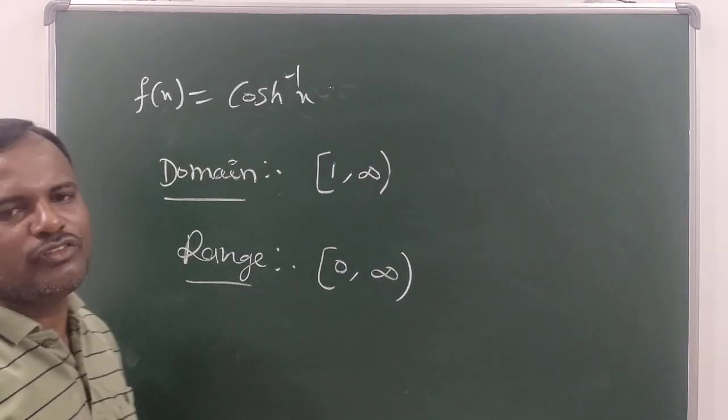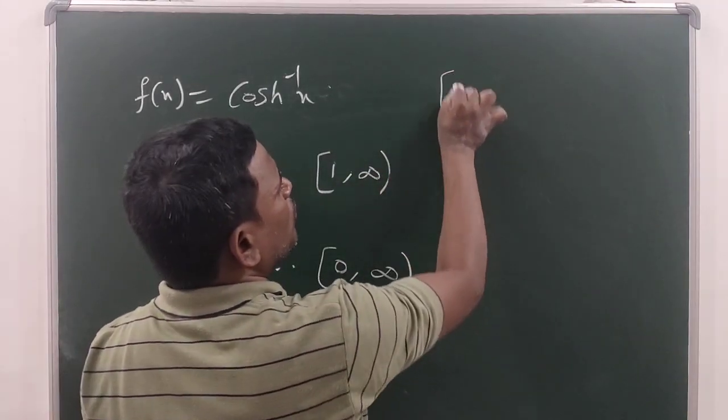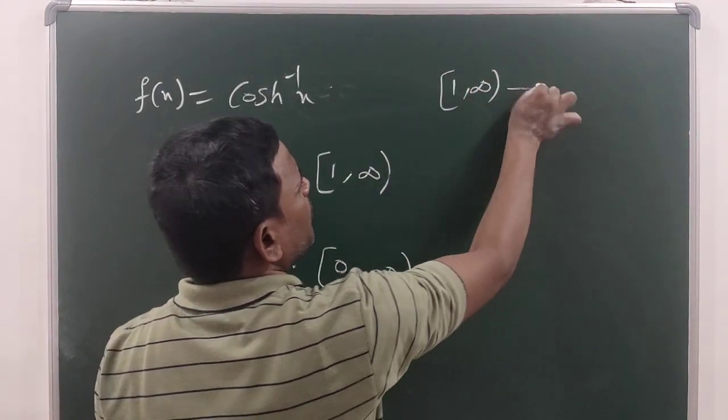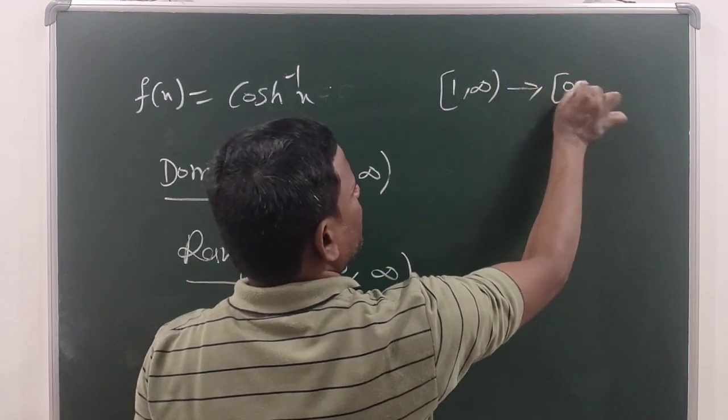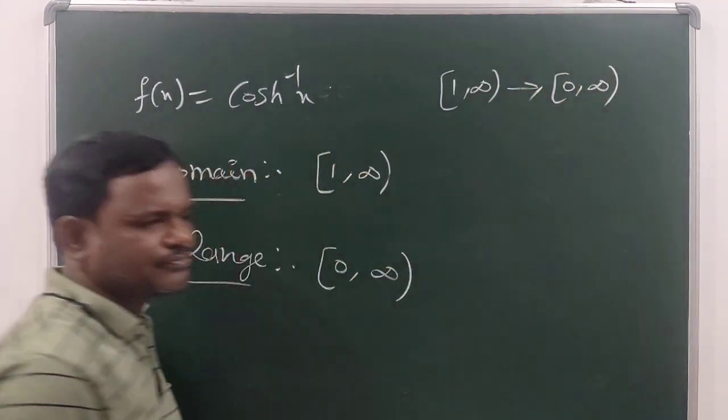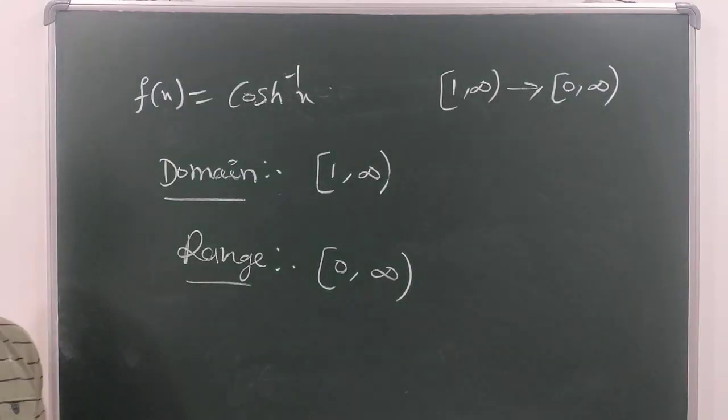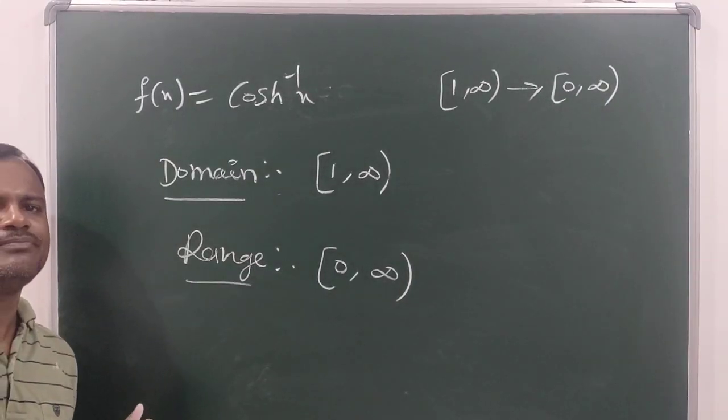So cos h inverse will map from the closed interval of 1 to infinity to the closed interval of 0 to infinity. Okay, I hope you have understood.